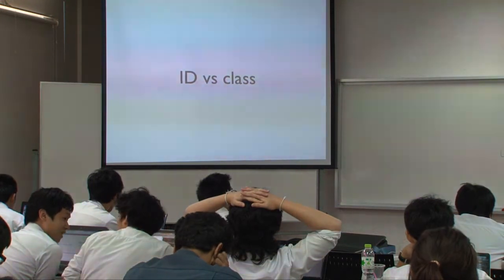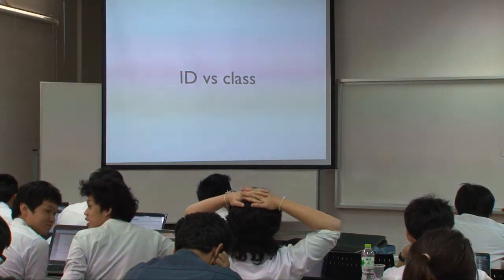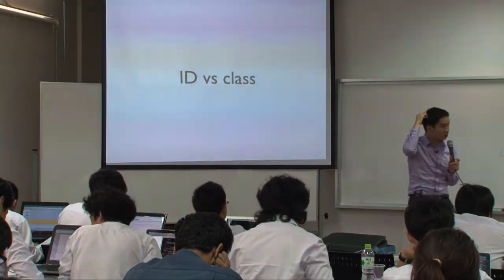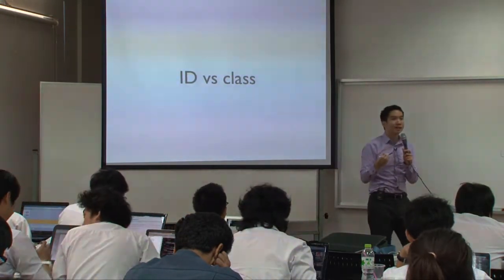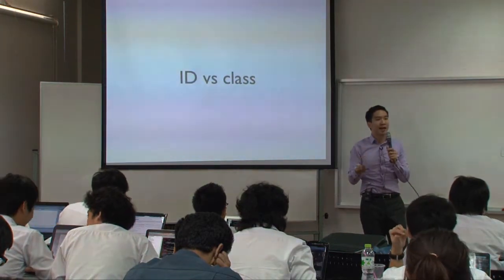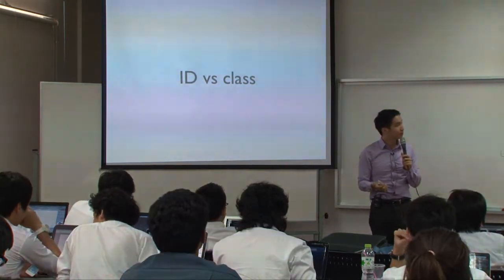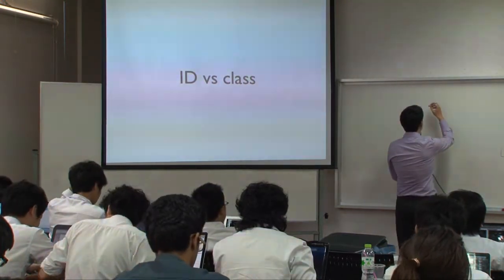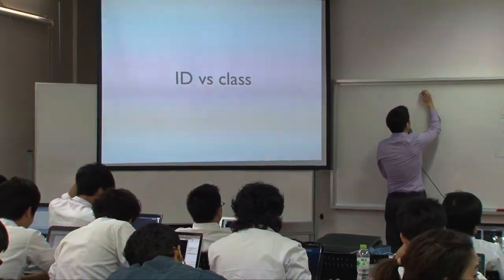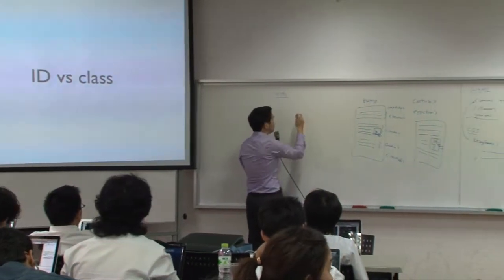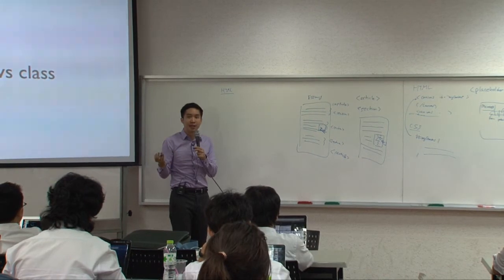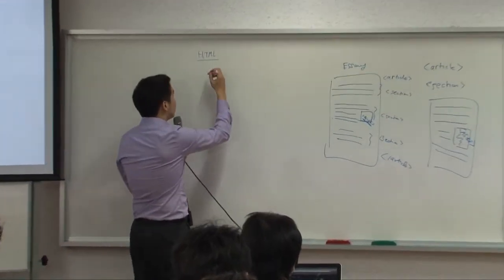Now it's time to understand probably the most important concept that you need to know about CSS selectors, and that is the difference between ID and class. Wow, I don't know if I'll have enough time, but what I'm going to do next is simply write a very simple HTML snippet, okay?